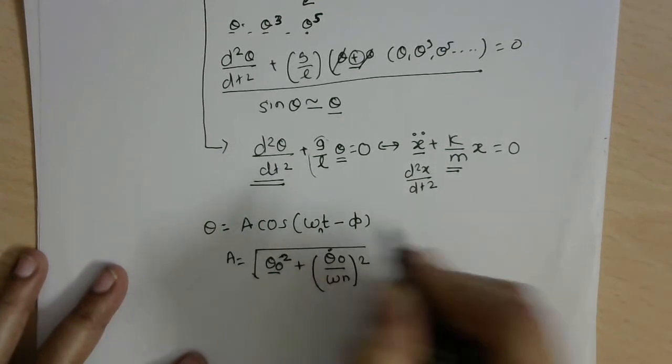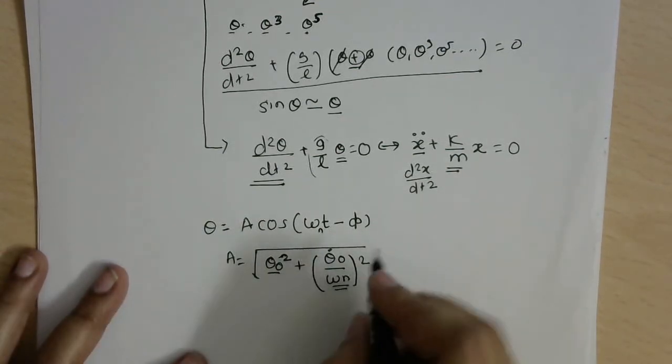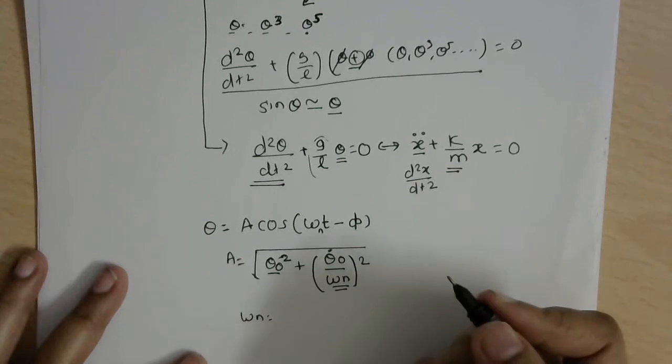This is omega n over here. Now what is omega n? Omega n is nothing but the natural frequency of oscillation.